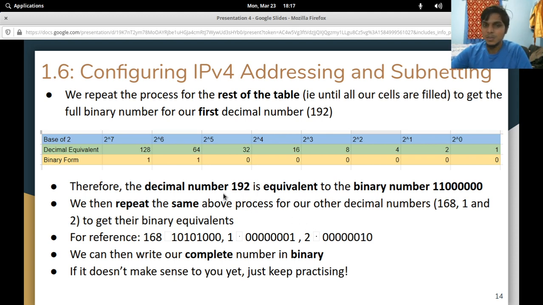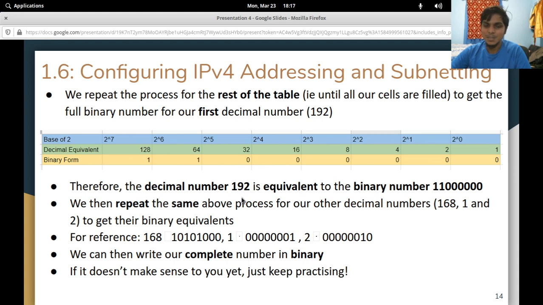And of course, if you don't understand the table at all and you don't understand how to use the table, feel free to go and look for some other methods. There are the long division methods. There are other methods out there. You could use a scientific calculator as well, but you aren't allowed the calculator in the exam, which is why you need to know a method. And whichever method you choose, just pick it and learn to do it fairly quickly, because as you've seen, this isn't the actual question, right?